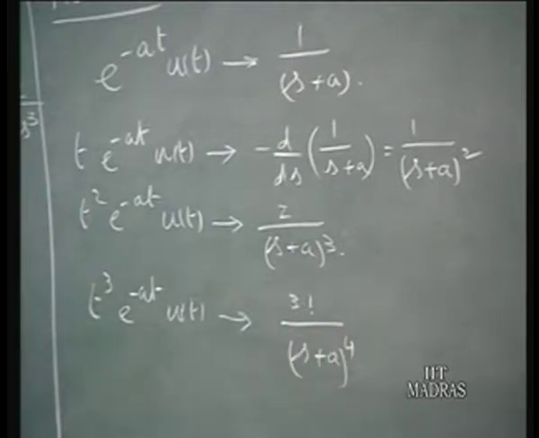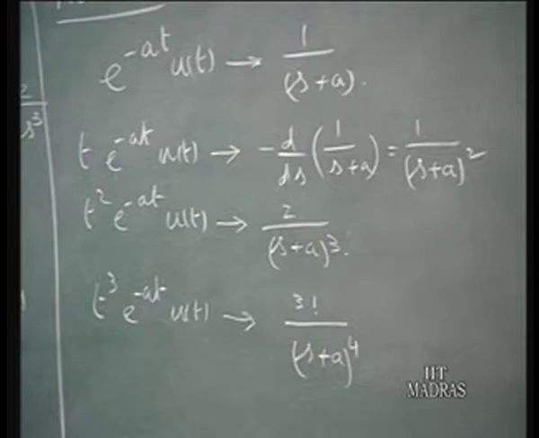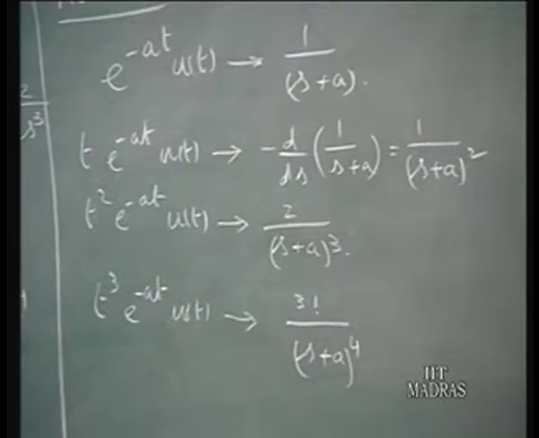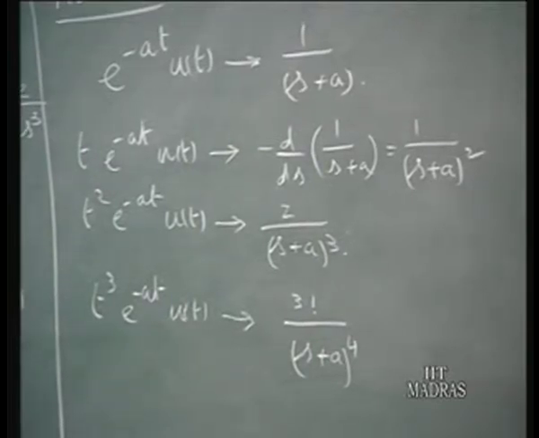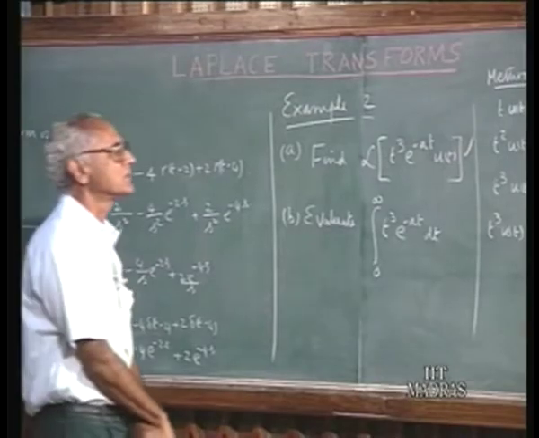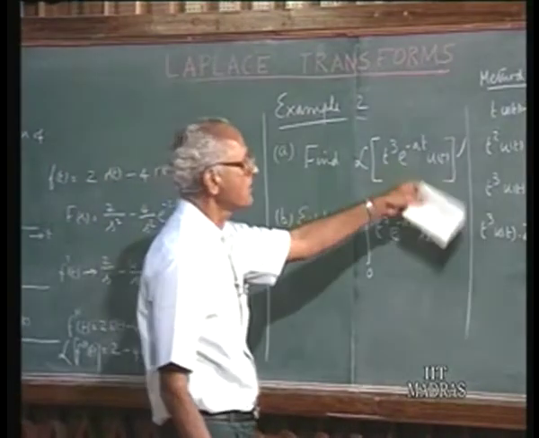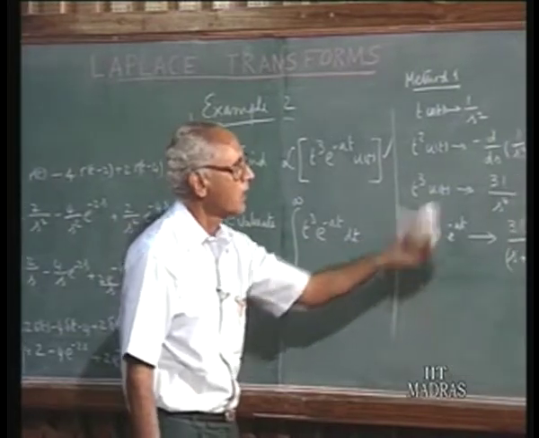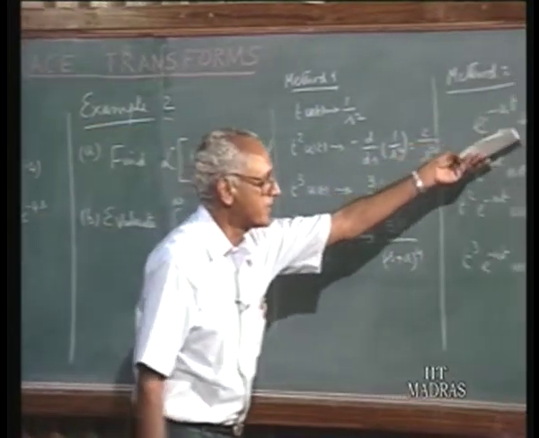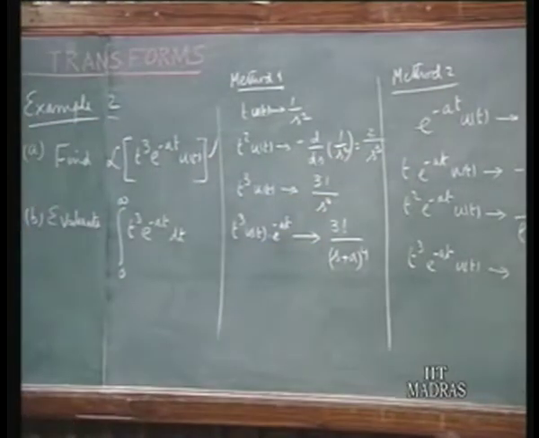So, that is the same result that we obtained earlier. So, this problem we worked out taking 2 different approaches, starting with the Laplace transform of t cubed u(t) first, or the Laplace transform of e to the power of minus at first. As I said, these are 2 alternative ways of doing this.